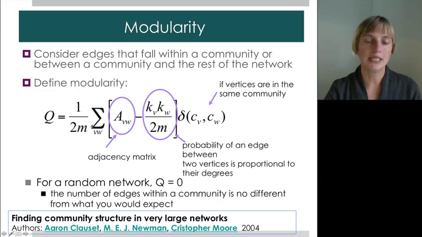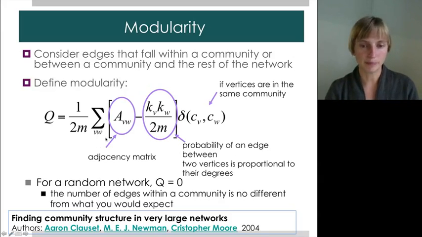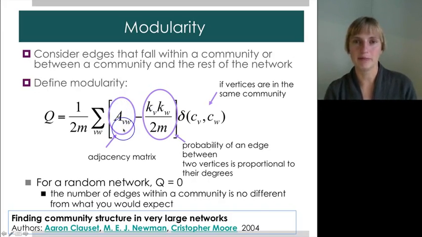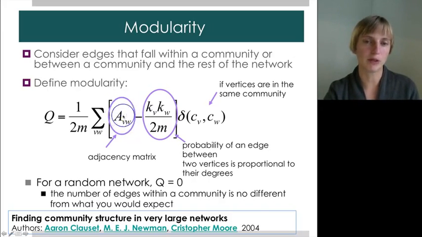And we're doing this for all pairs of nodes. And for a random network, or actually also for a random community assignment, there'd be no difference between what you observe and what you expect on average, and so your modularity would be 0.